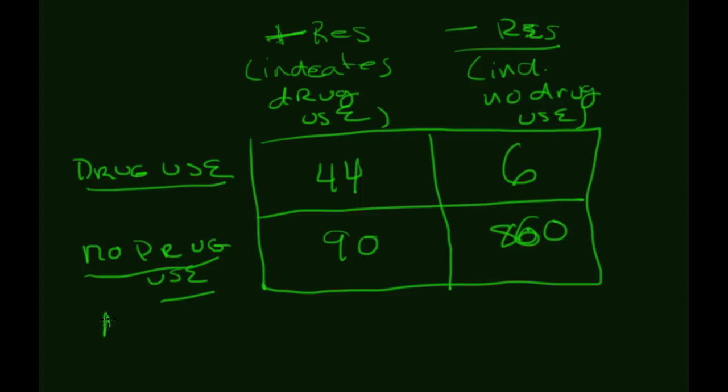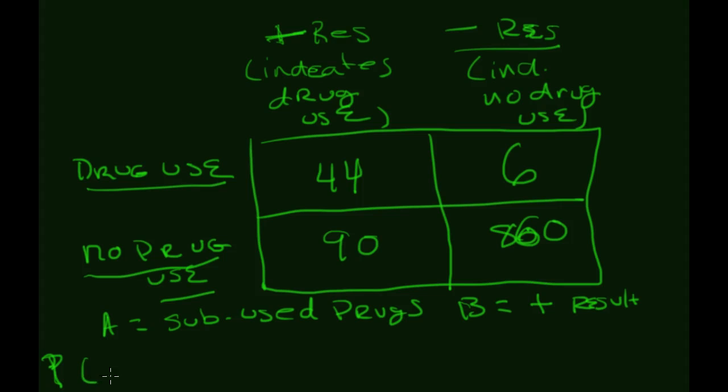All right, so what we're going to do is let A be that the subject used drugs, and B is going to be that they got a positive result. So we want the probability that the person used drugs or got a positive result.